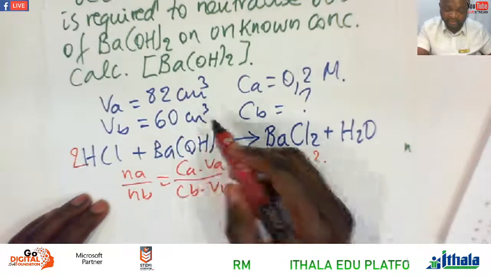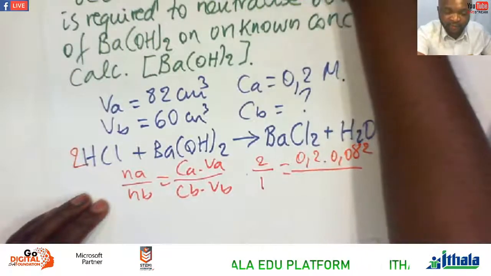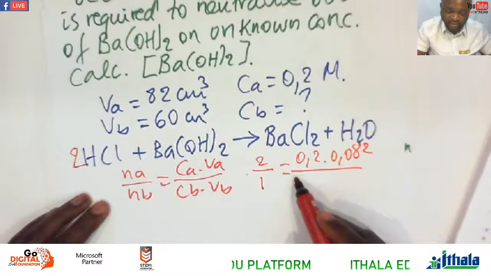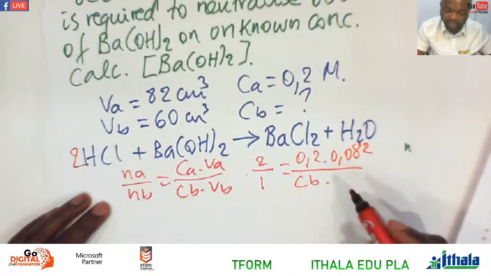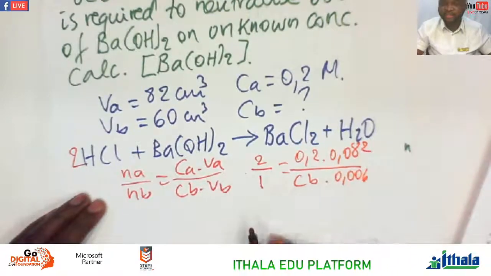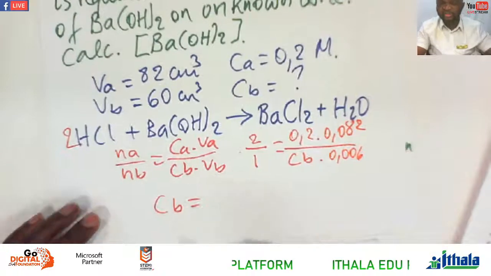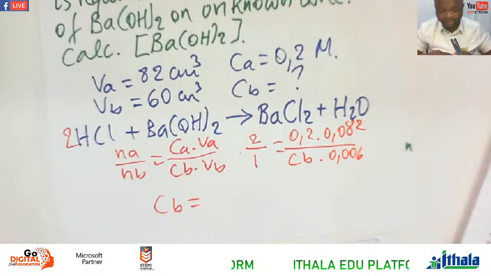The volume we know, we can divide to get 0.082. Then the concentration of the base is what we want, times the volume of the base, 0.06. If we do it like this, we are able to find the concentration of the base. So that's how you do the calculation.